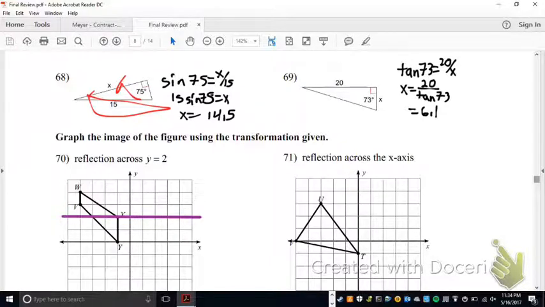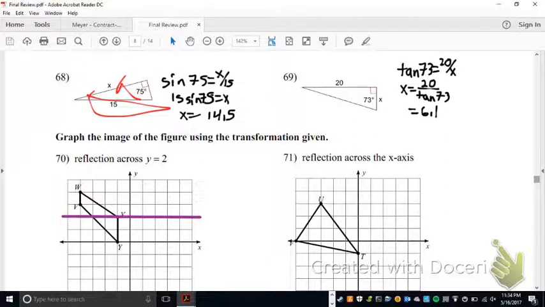Those 4 points, V, W, X, Y, are called our pre-image points. When we reflect them over y equals 2, the resulting points are going to be our image points. So pre-image goes to image.